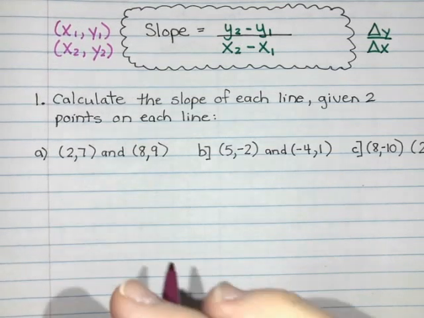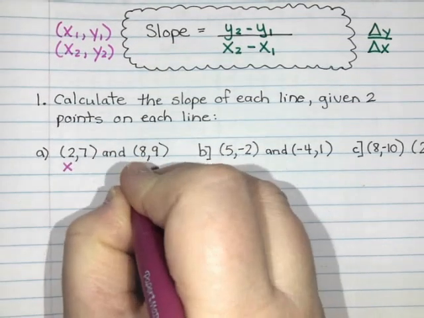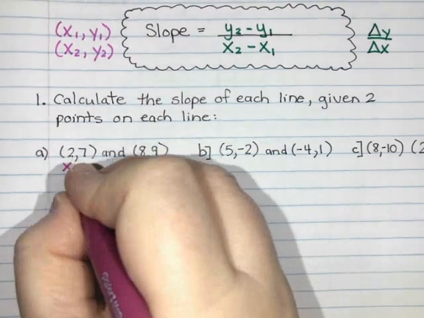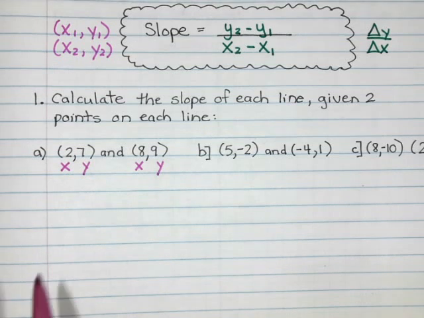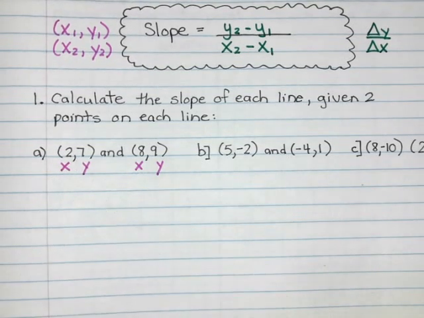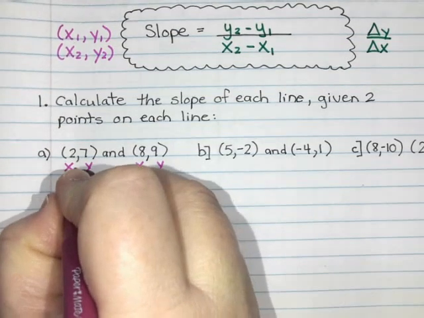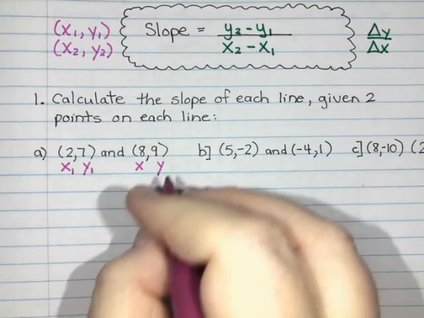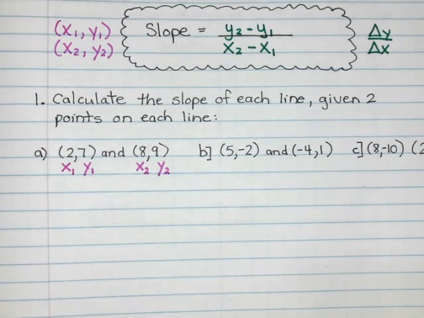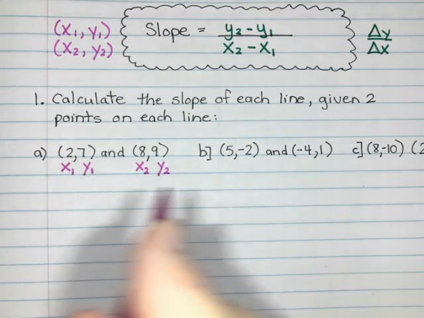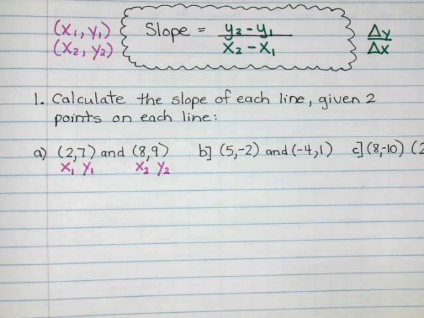Every point has an x part, and every point has a y part, and they go in alphabetical order, so the x is first, the y is second. So I'm going to let the first point be x1, y1, and the second point is going to be x2, y2. And I like to do that because it helps me label which one is which.